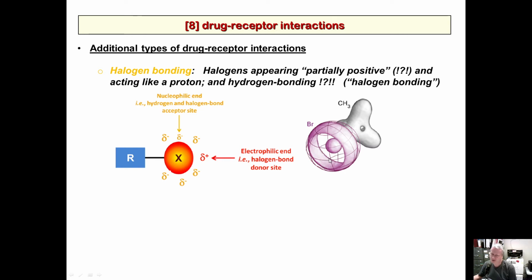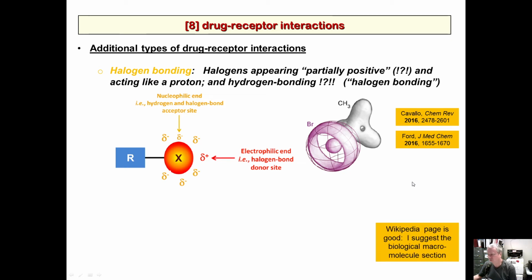Totally weird, something you may not have seen before. And this has been characterized. A couple reviews on this: Chemical Reviews are always really good papers, and J Med Chem deals with medicinal chemistry. This is very important in medicinal chemistry because a lot of drugs use hydrogen or halogen bonding in their binding interactions. All right.